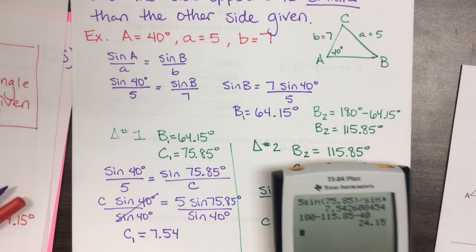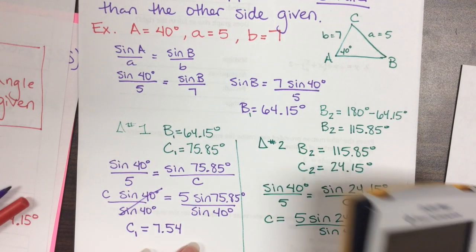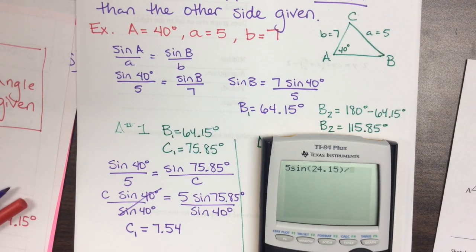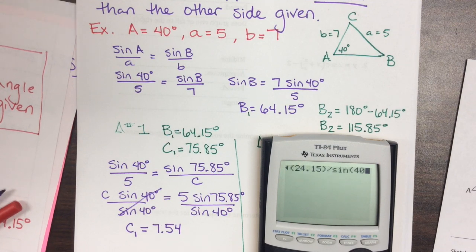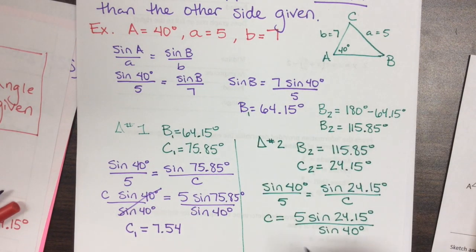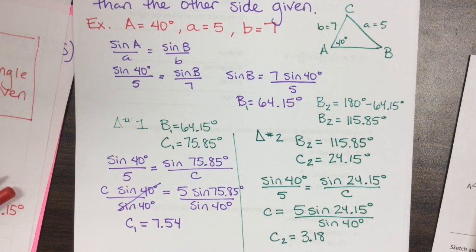Let's plug that into our calculator. 5 sine 24.15 divided by sine of 40. And we get 3.18. So little c, or C2, is 3.18. Now we have solved both triangles in this ambiguous case.